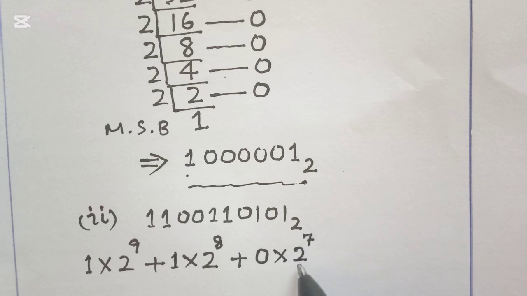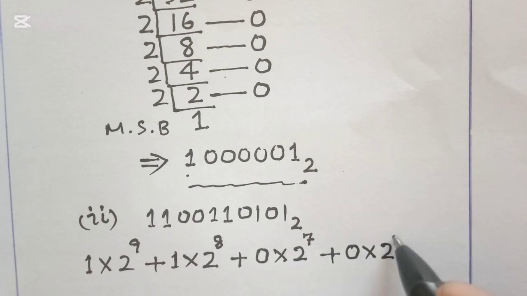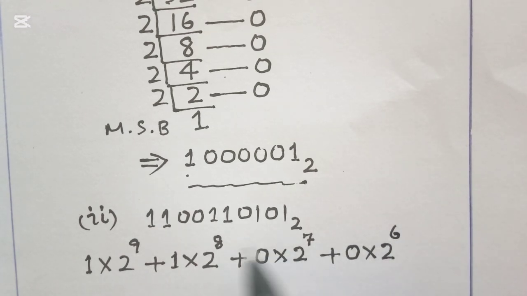Then we go to this other 0. We shall have plus 0 multiplied by 2 raised to 6. Remember, these represent the position, even though we are using them to raise 2.